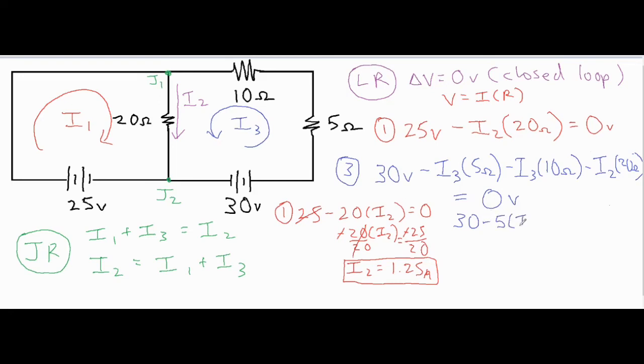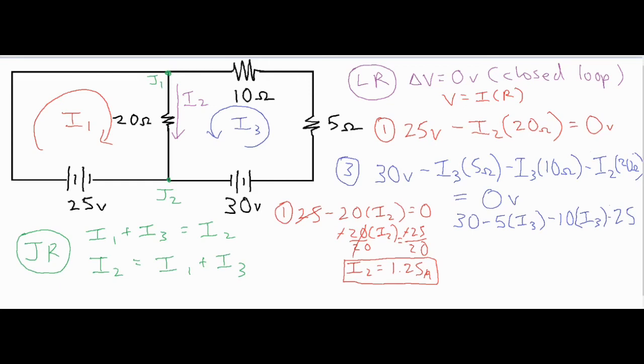So 5 I3, and then minus, I do the same thing with this one, 10 I3, and then minus, and I'll do this quick calculation. My I2, remember, is 1.25. So 1.25, I can slide in right over here, multiply it by 20, and that's going to give me 25.